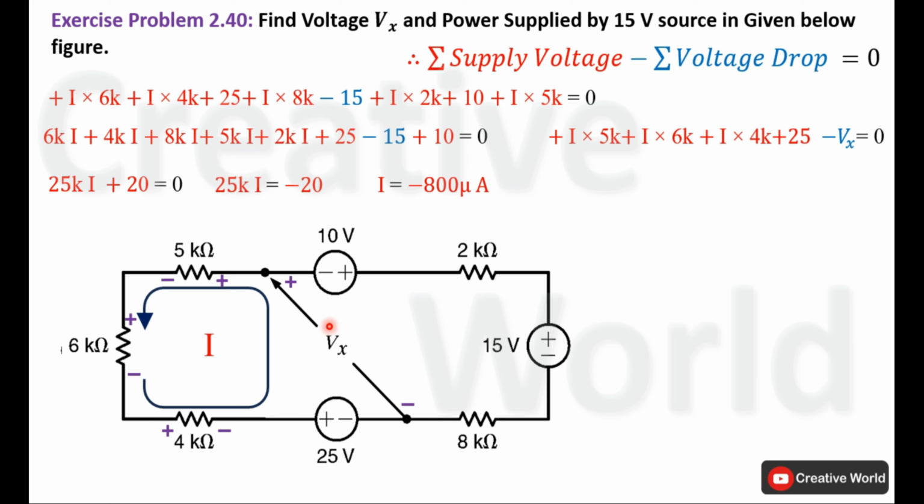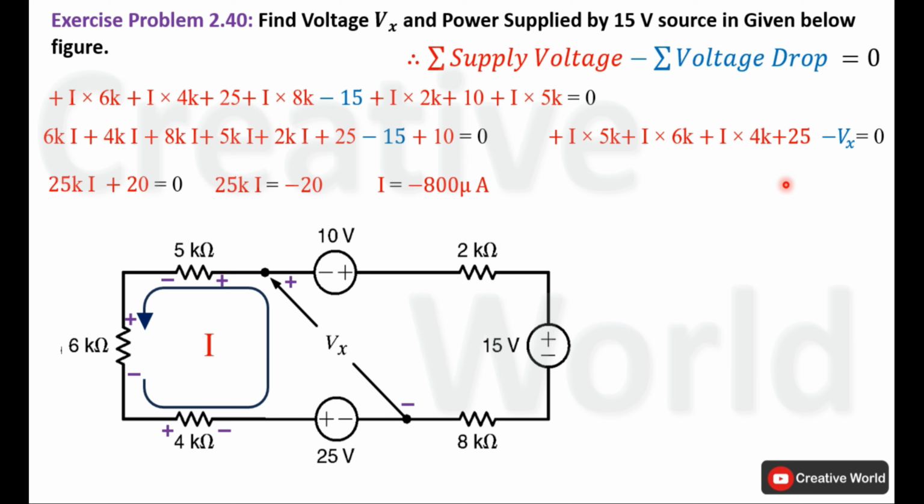I have assumed these polarity notations according to their previous elements. The previous element has positive sign here, so the same polarity will appear across this point, and a similar case will be here. The previous element has negative sign here, so the same negative voltage will appear across this point. That's why I have taken this polarity notation.